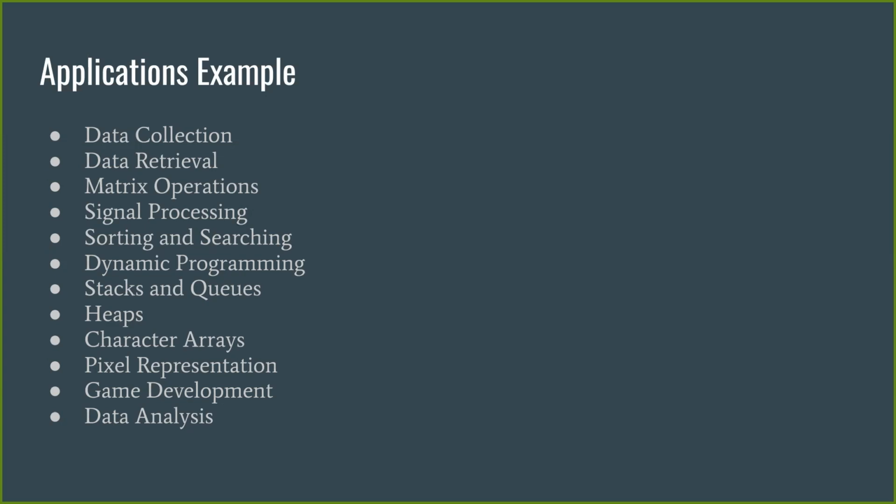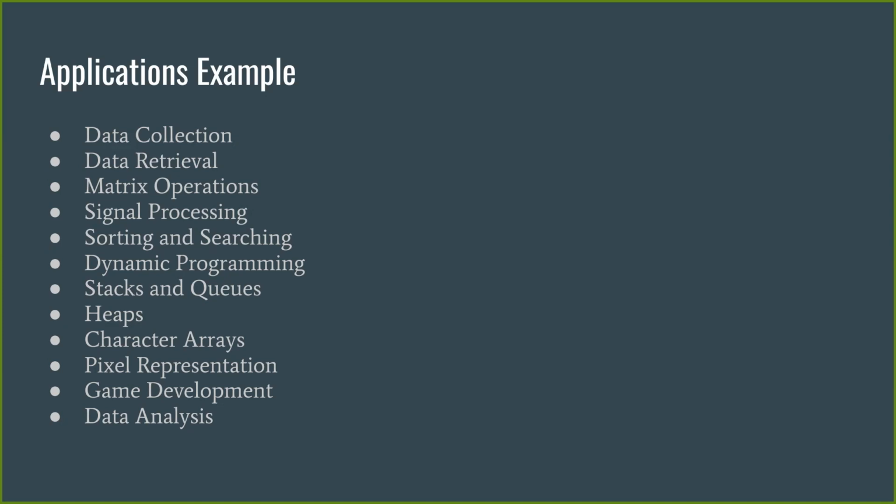If you're into graphics and gaming, there are two examples: pixel representation and game development. In the field of graphics programming, images are often represented as arrays where each element corresponds to a pixel's color value, and this color value could be represented from 0 to 255, or it could use a hex value.